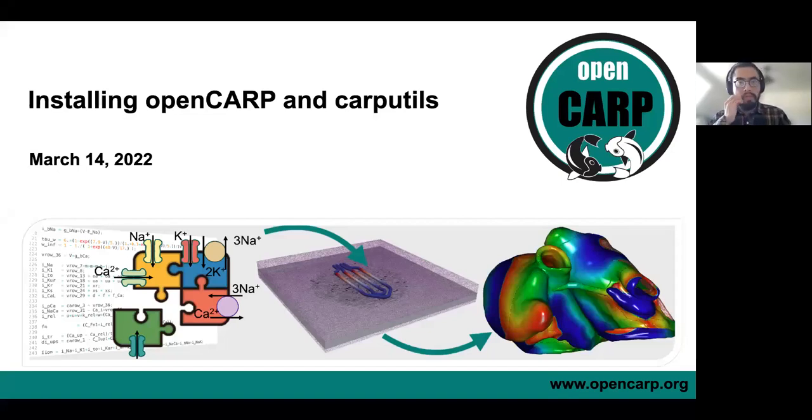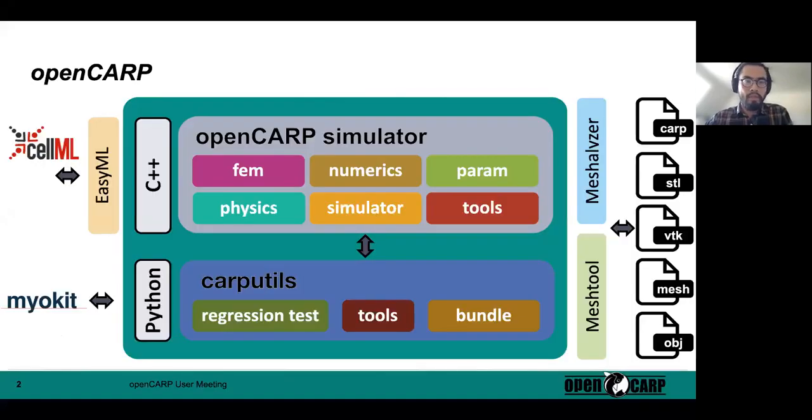Okay, so let me start to introduce you to installing openCARP and carpentry. Today you can see that in openCARP we have many components, but today we'll just talk about the core part.